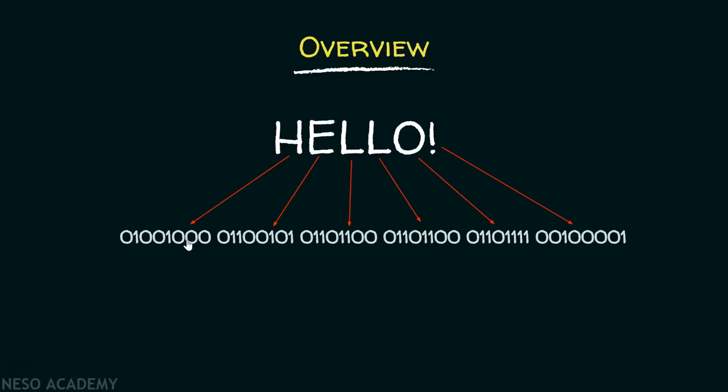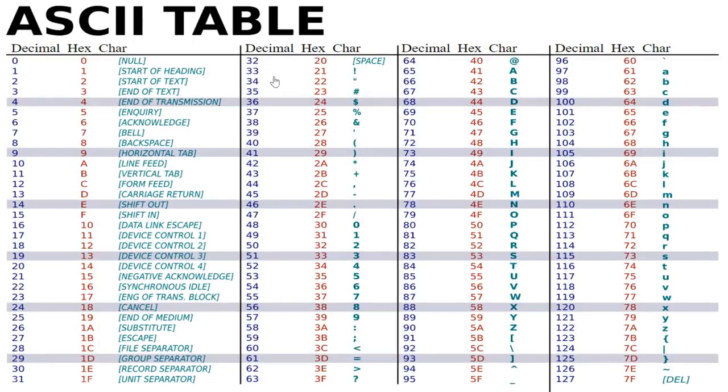To encode characters, there are several encoding schemes available, but one of the most common is the ASCII encoding scheme. This is an ASCII table that represents the ASCII encoding scheme. And here you can see there are some non-printable characters and some printable characters.